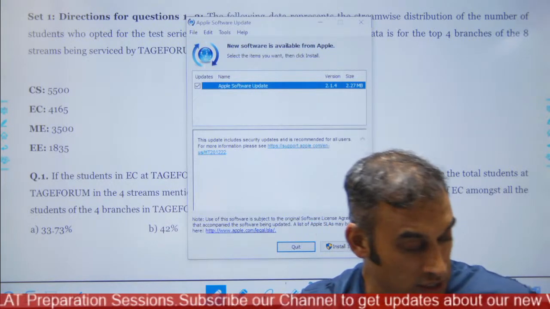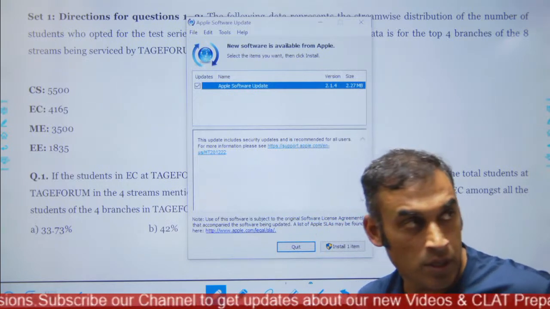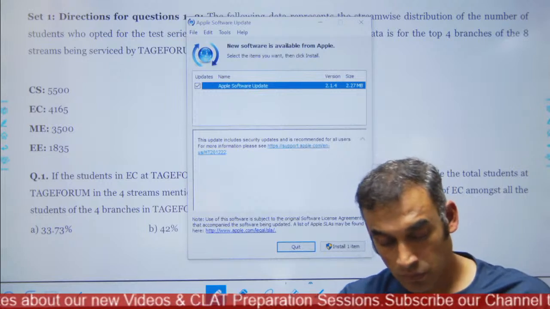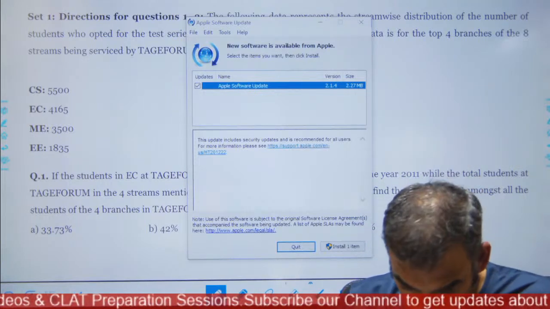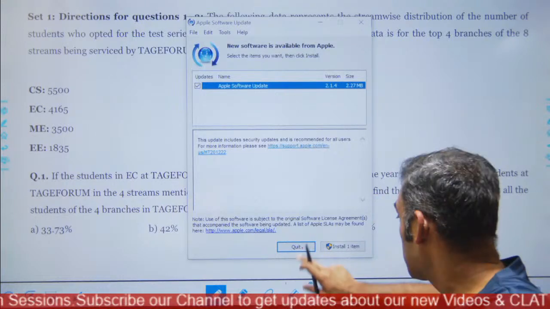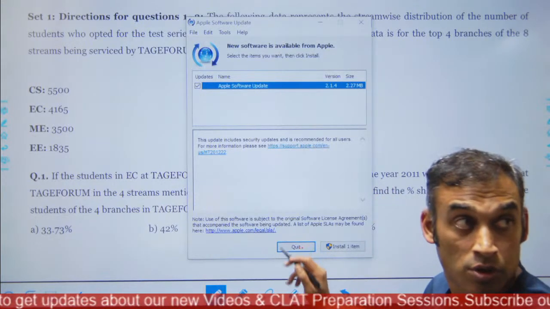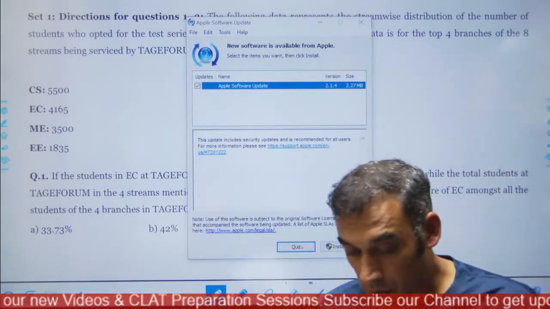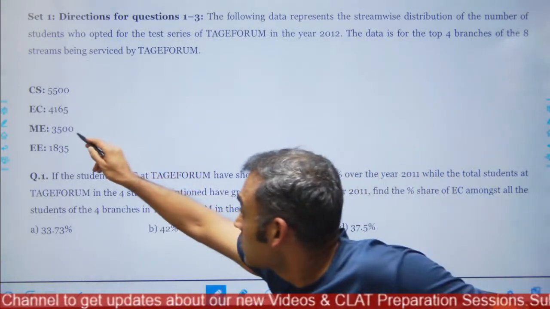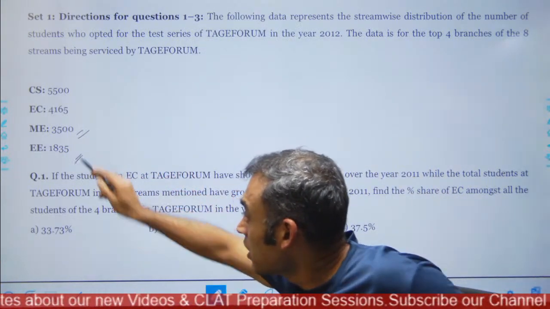All right, so let's take a look at the first set. In the first question, CS is 5500, EC is 4165, and ME is 3500, EE is 1835.